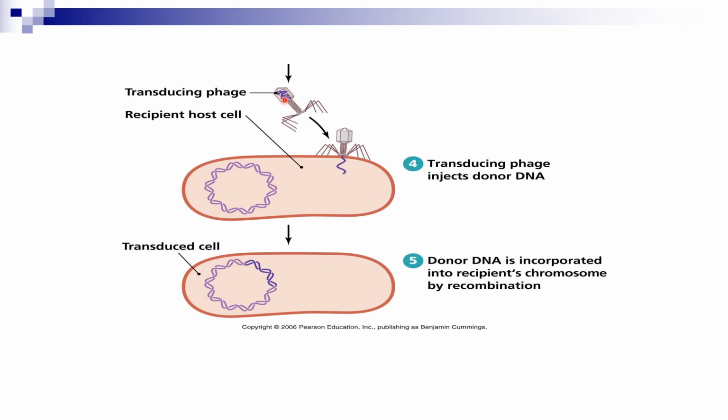This has a different genome now. This is a DNA genome. And when this comes in and brings in a different DNA, remember, that new DNA doesn't have the same goal in here. It doesn't code for new virus. So now this is going to be bacterial DNA, and that bacterial DNA will become incorporated into the bacterial genome. And that's called transduction.